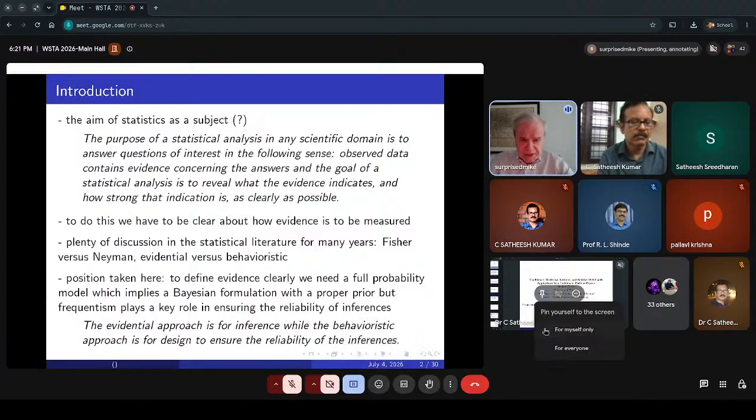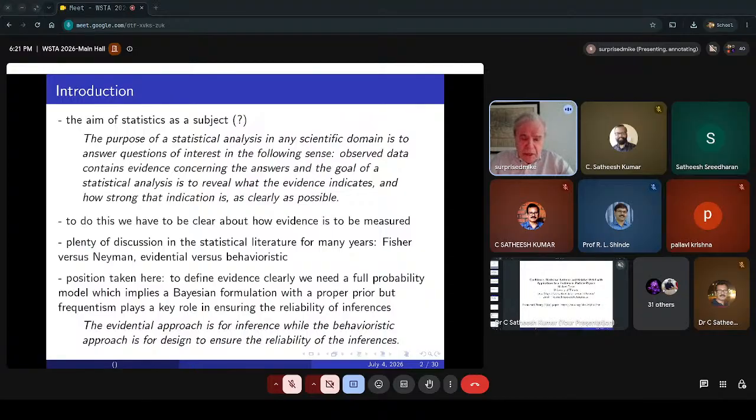Observed data contains evidence concerning the answers to the questions, and the goal of a statistical analysis is to reveal what the evidence indicates and how strong that indication is, as clearly as possible. My thesis, which governs my research in statistics, is that we have to be clear about how evidence is to be measured. And I don't think we really are.